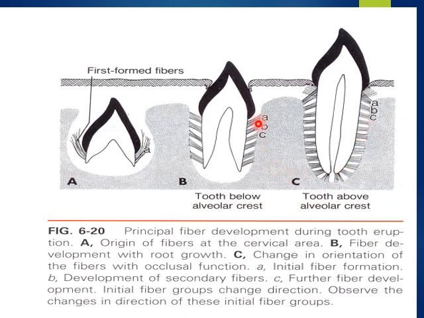These fibers during eruption are formed and then degenerate to allow the tooth to erupt. So the turnover of these fibers is very fast to allow tooth movement and attachment of these fibers with the alveolar process.